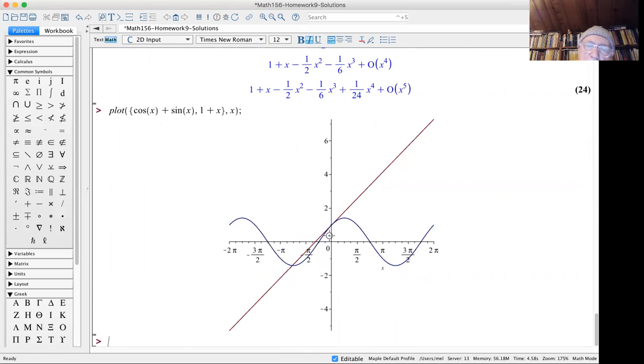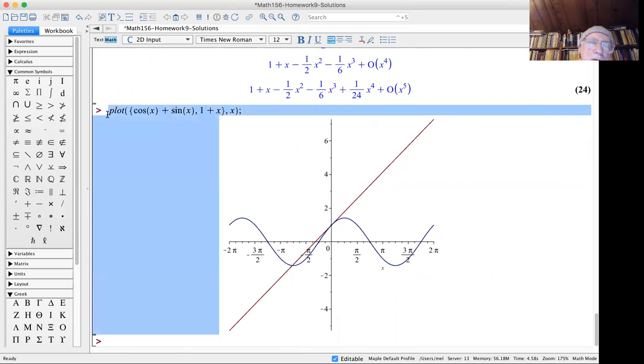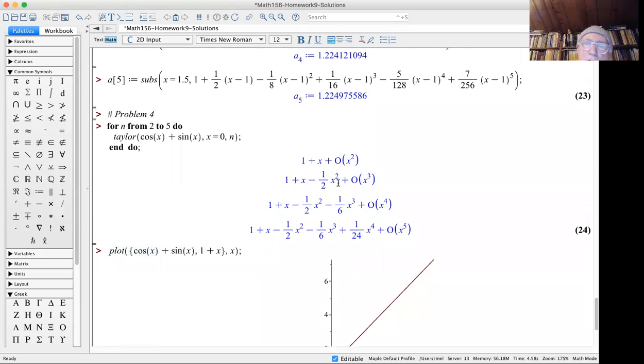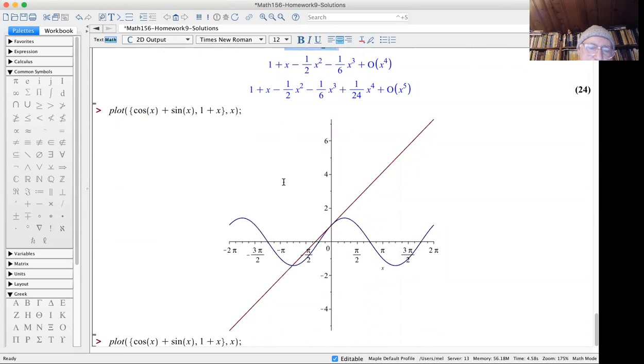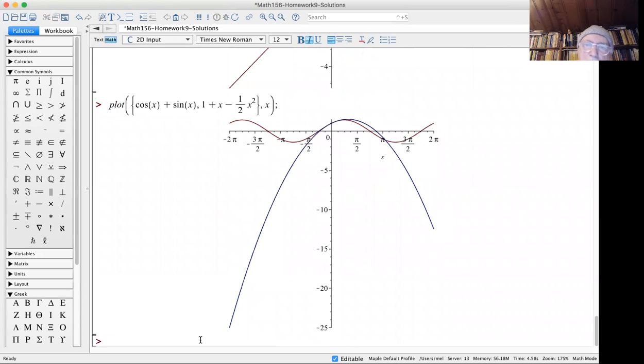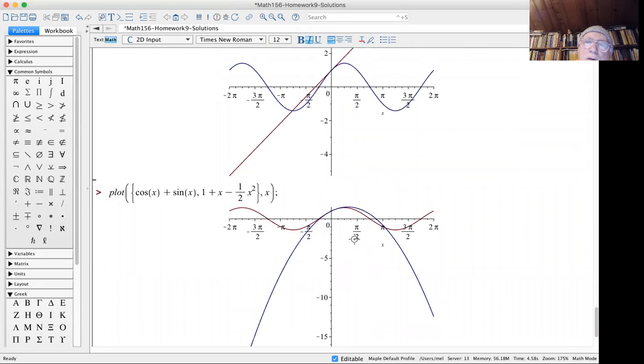And again, you want to look at how closely you get an approximation near 0. That's what it looks like. When you take the quadratic polynomial, that's this guy. Well, it fits a lot better near 0. That's what it looks like.